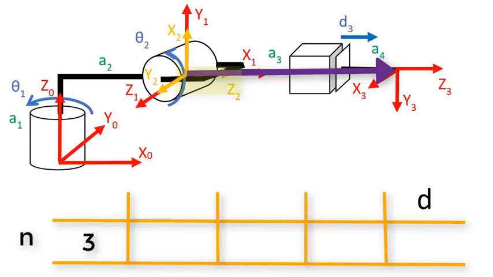This displacement includes the link length A3, the link length A4, and also the joint variable D3. So in this part of the table, I'm going to write in A3 plus A4 plus D3. We've now finished filling out the table for this example.